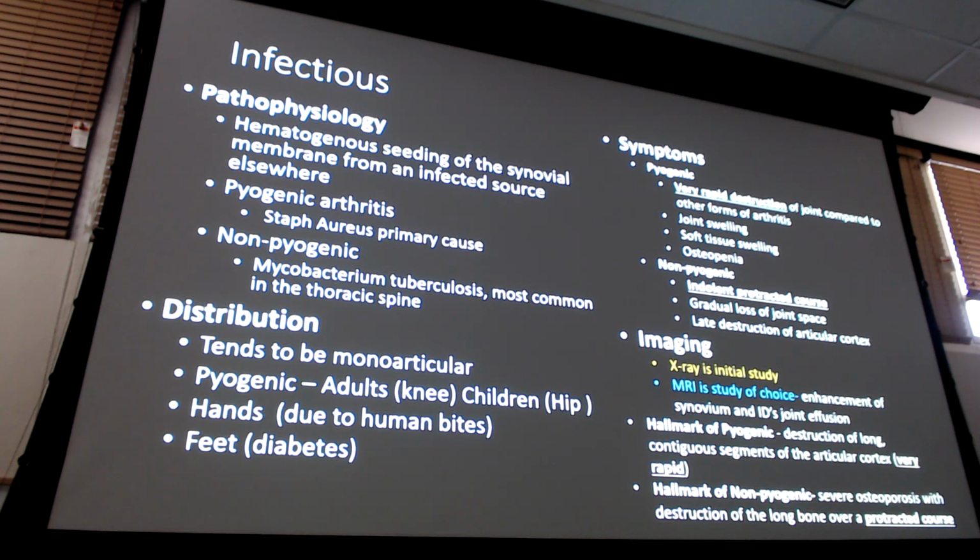Hopefully you guys aren't gnawing on each other's hands around here, but it's not usually a human bite that we're concerned about. People don't run around biting each other's hands, but what is typically the injury that would mimic a human bite? Punching, bar fights, fights in the dorms, things like that.